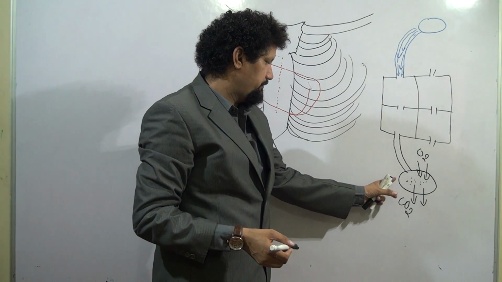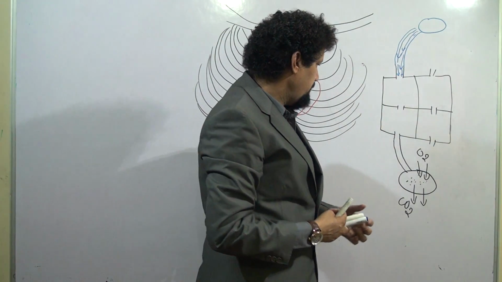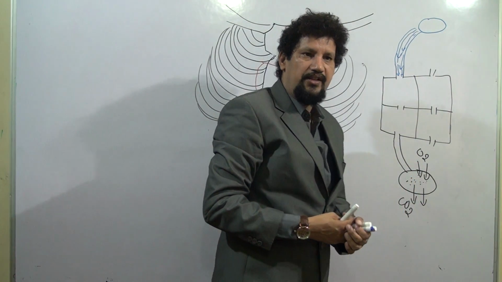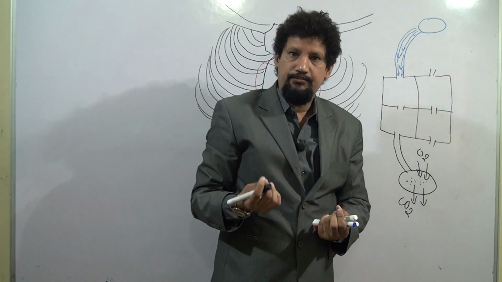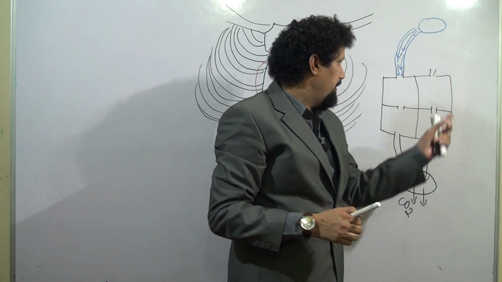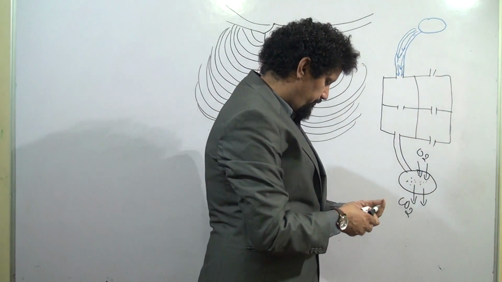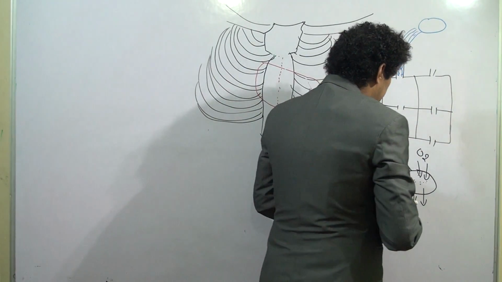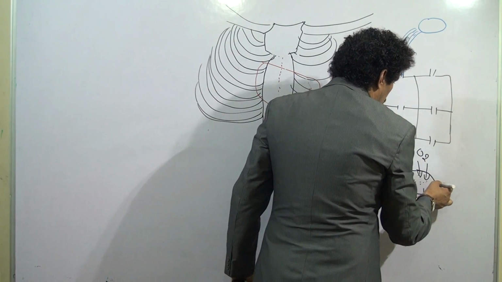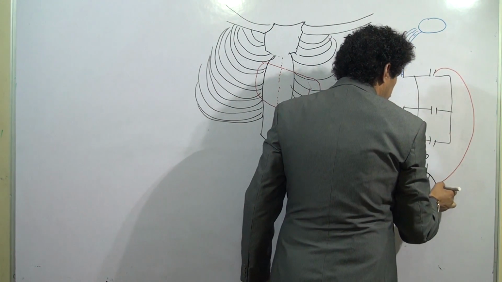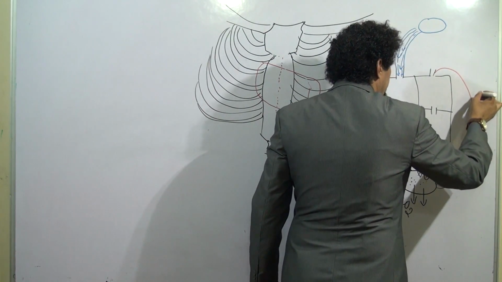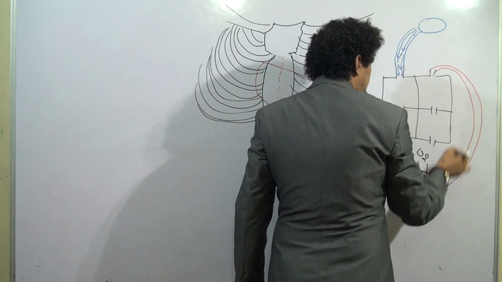From the lungs, the oxygenated blood, after gaining the satisfactory level of oxygen, is entering in the left atrium. So this blood is oxygenated blood, and this is entering in the left atrium.